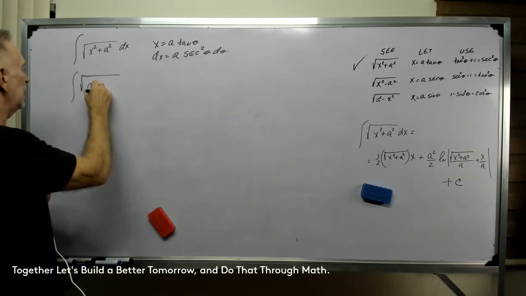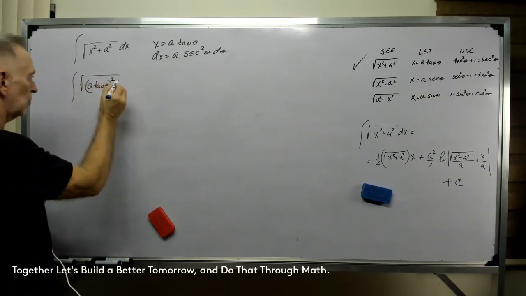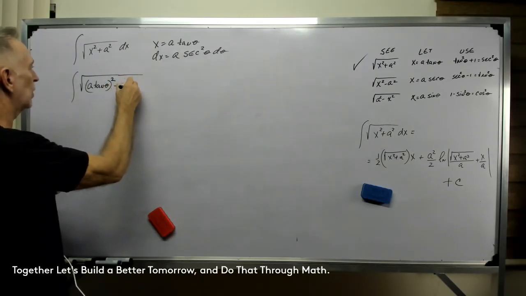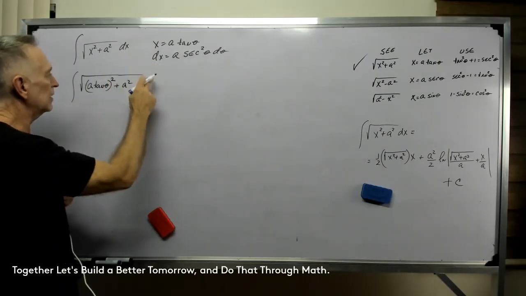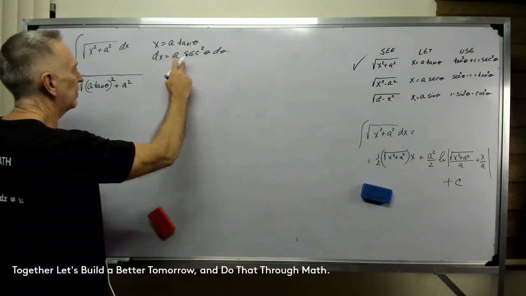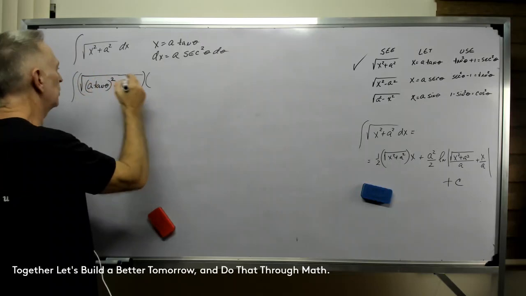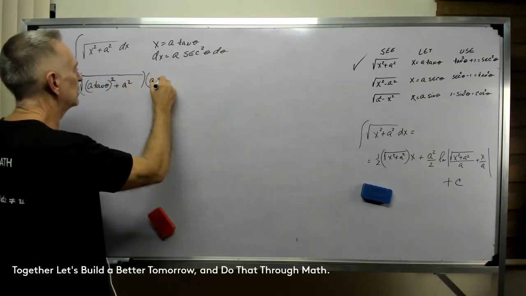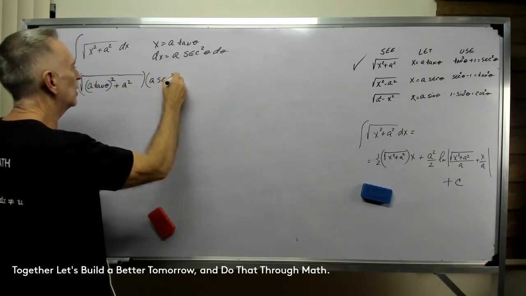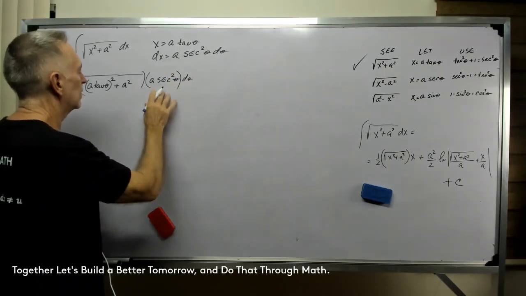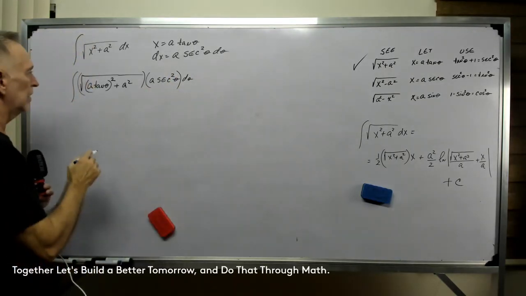So I have a tangent theta, and x is squared, plus a squared. Now dx, I have to replace it with a secant squared theta d theta, which I'll put in parentheses. Okay? All right, we have a lot there.